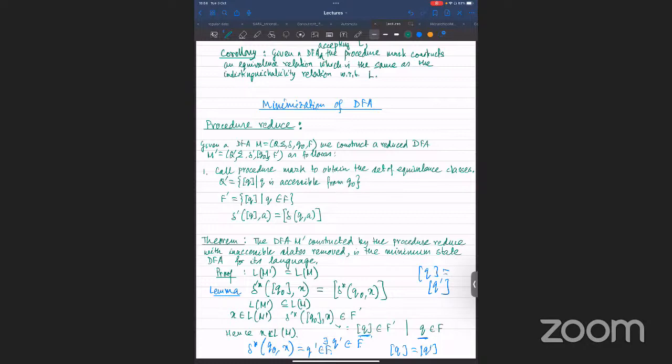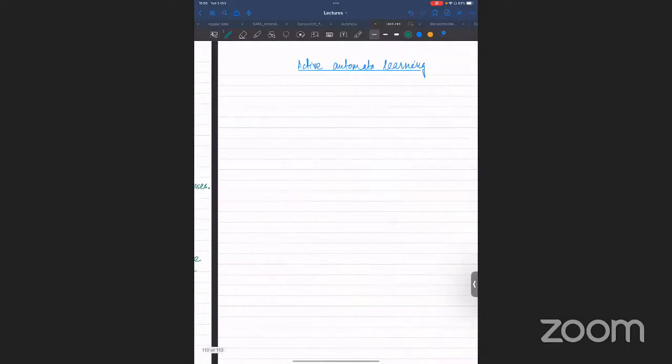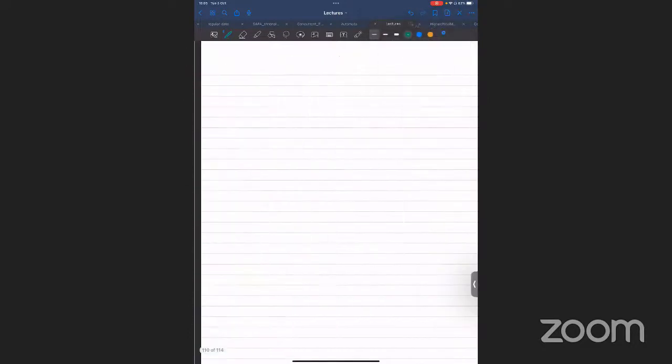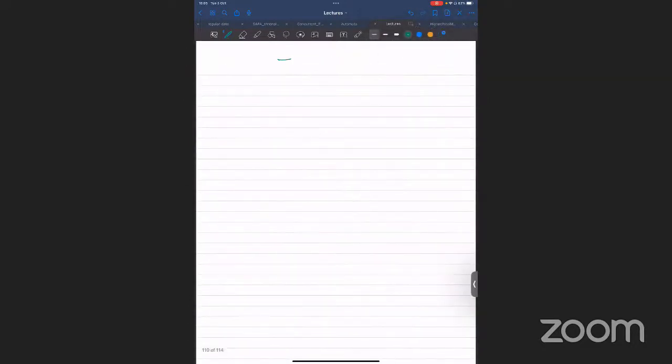Okay, good. And what about the minimality? It just follows from the indistinguishability relation, right? The set of states that you are getting after the reduced procedure exactly correspond to the classes of the indistinguishability relation, right? And you remember what we saw: given an automaton A, we can consider something like this.